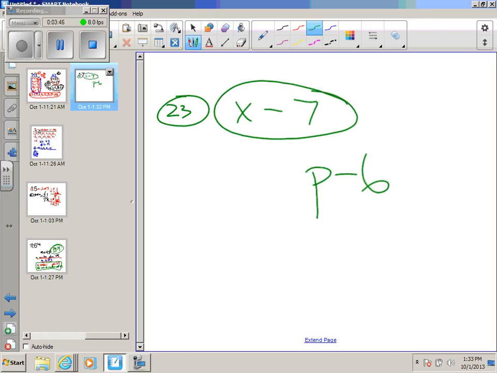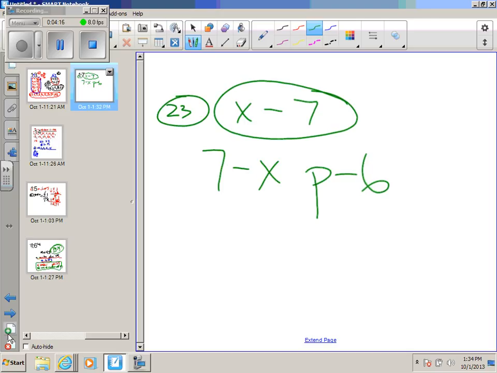Anyway, 7 less than a number. If I had it this way, it would be a number less than 7. Okay? 7 less than a number. No, in the book it doesn't say it.